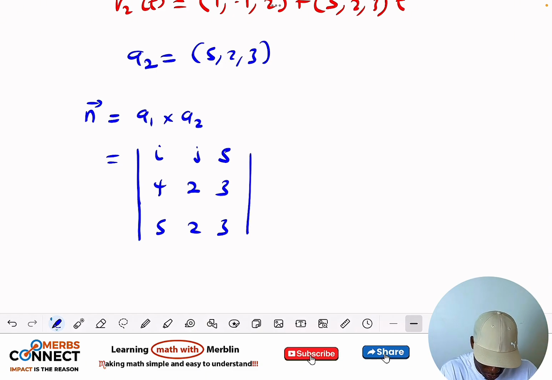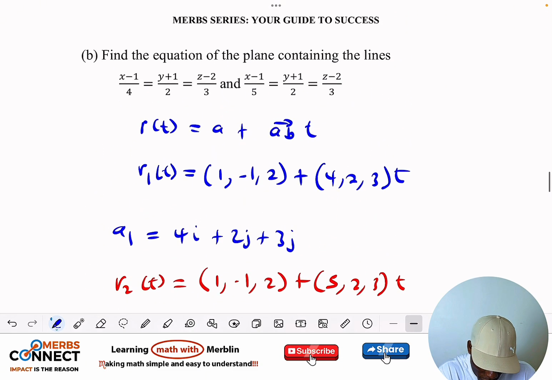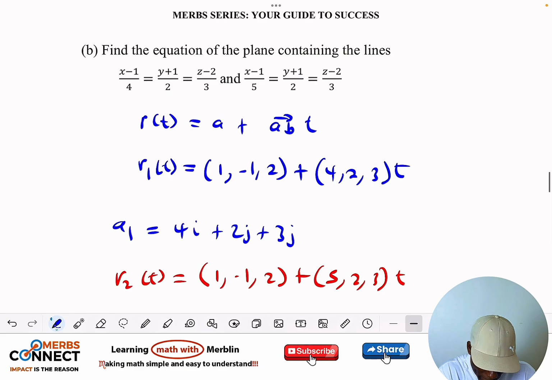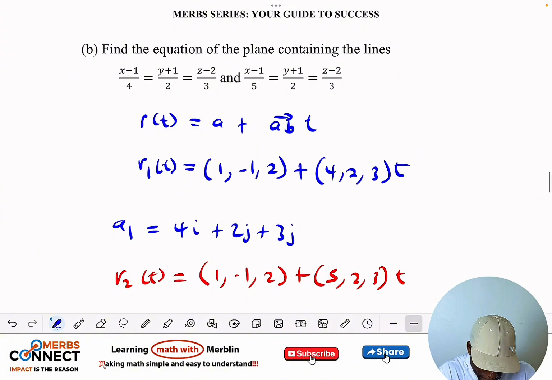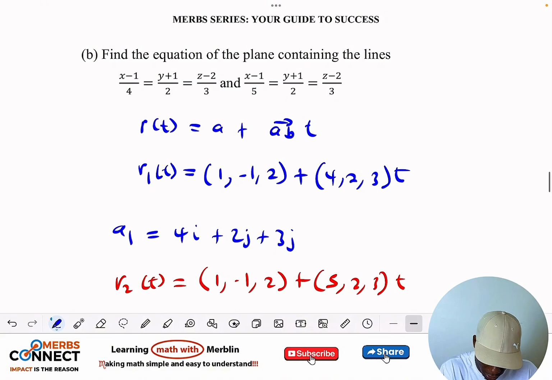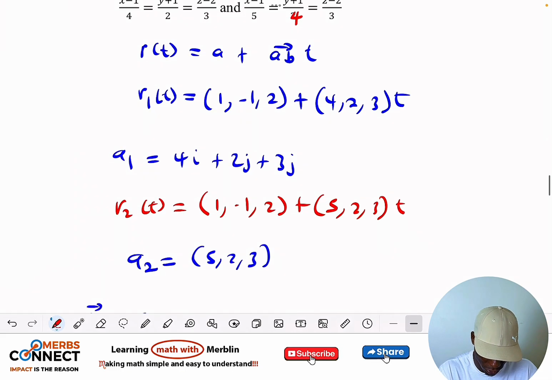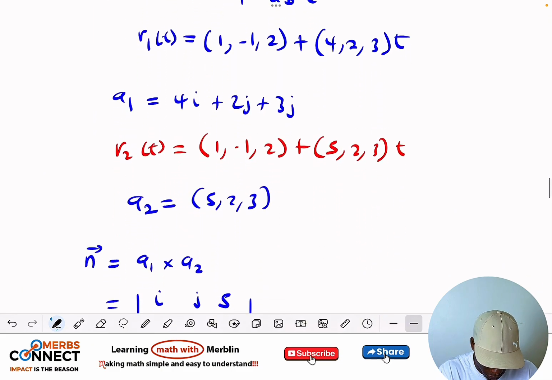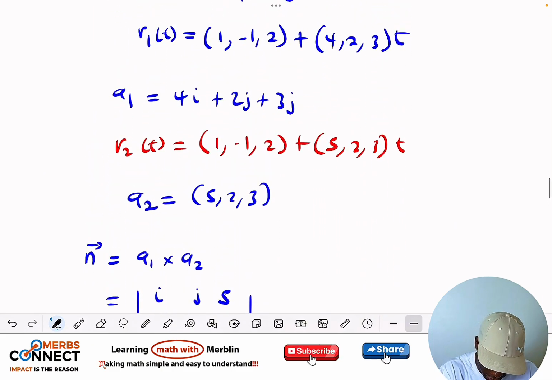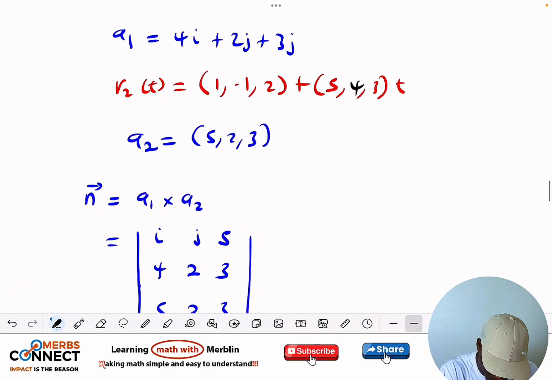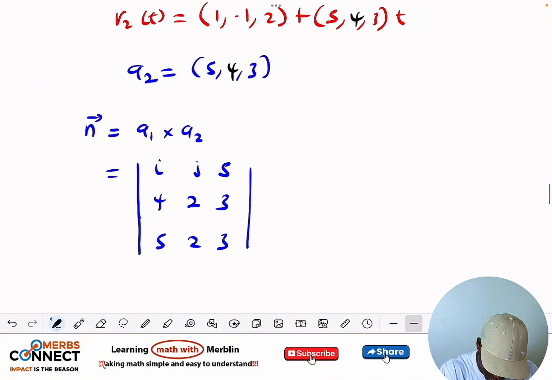Is it supposed to be 2 or 4? Okay, so I think there is a typing mistake here. This one's supposed to be 4. All right, so it means that this one is going to be 4, and then this one too is going to be 4. So let's put the 4 here.